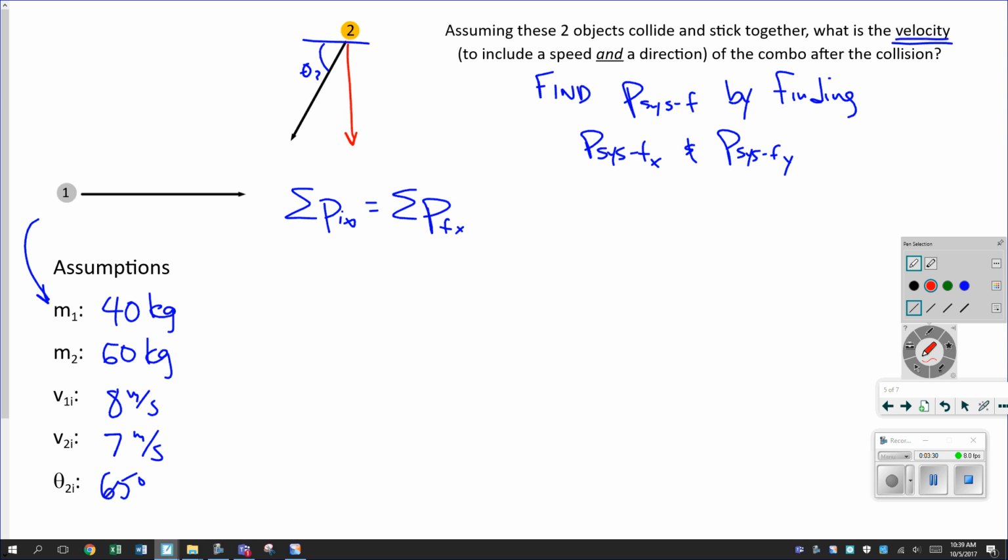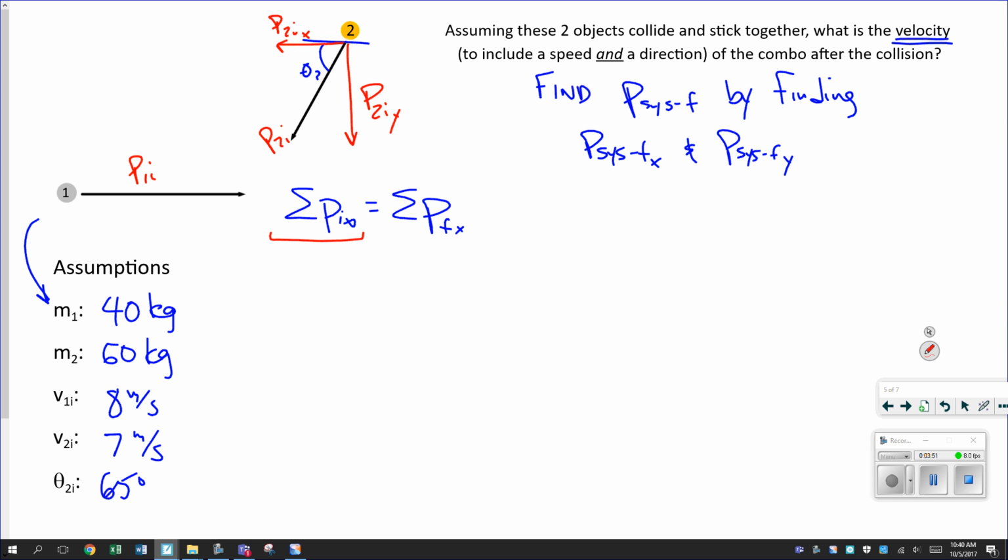Let's call this one P1 initial. Let's call this one P2 initial. Here's P2 initial y, and here is P2 initial x. Drawing those components, just sketching them, goes a long way towards your ability to write that expression for net momentum correctly.